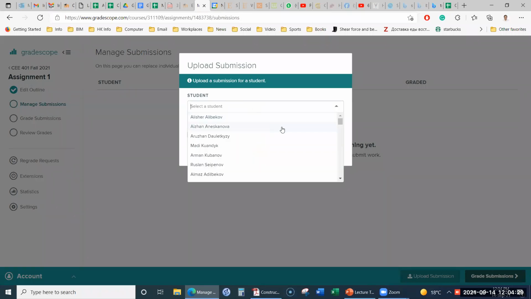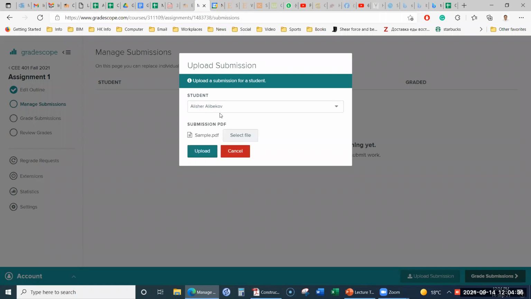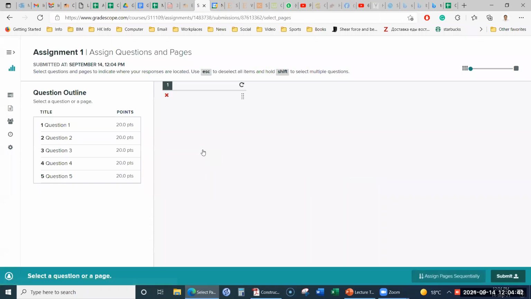So for example, if I say that this is the student, maybe I select this student, and this student is submitting, so you will upload it. After you upload it, on the left hand side you will have question 1, question 2, question 3, question 4, question 5. Of course I just submitted one page only, but your assignment may be several pages long.